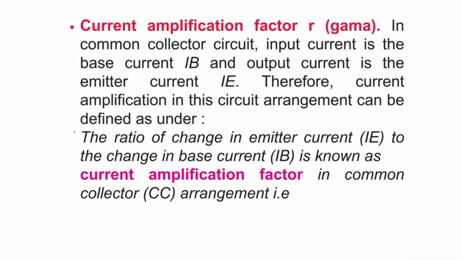Current amplification factor gamma. In common collector circuit, the input current is the base current IB and the output current is the emitter current IE. Therefore, the current amplification factor in this circuit arrangement can be defined as the ratio of change in emitter current to the change in base current.